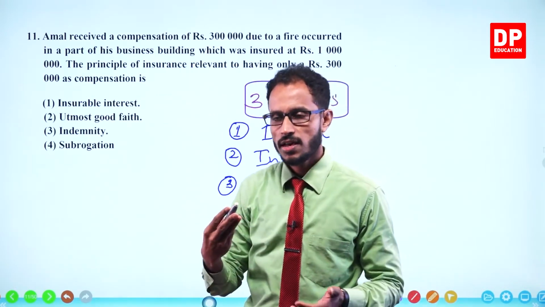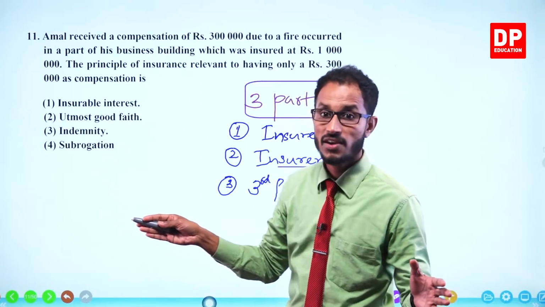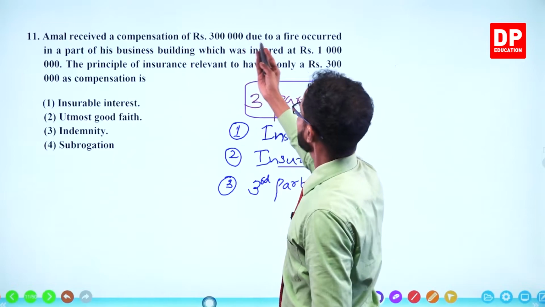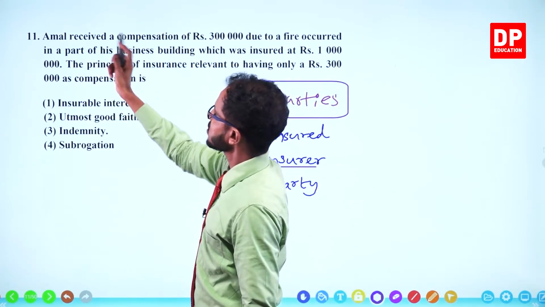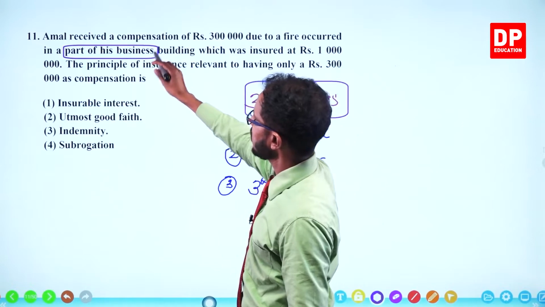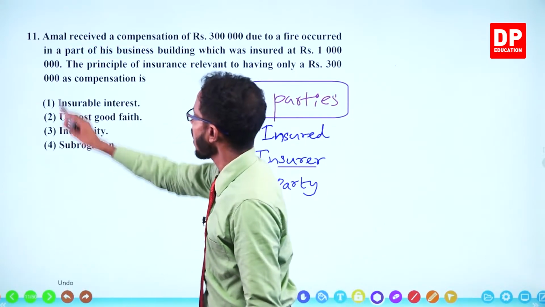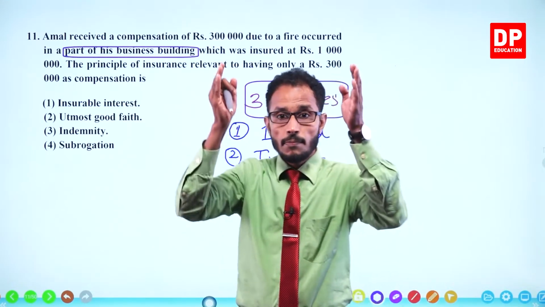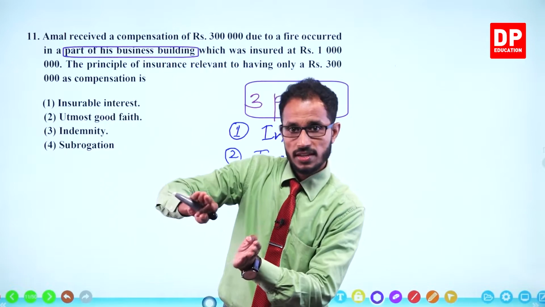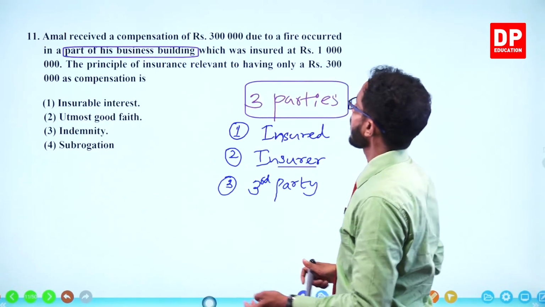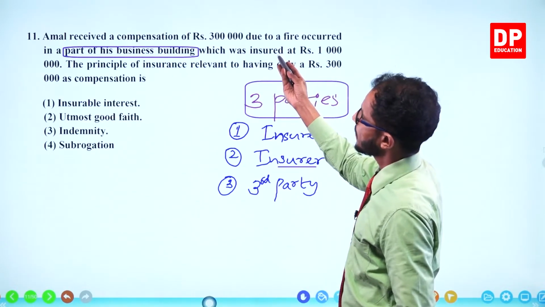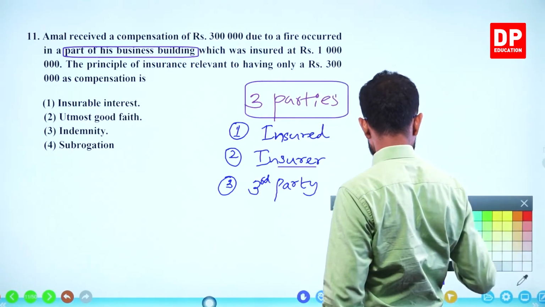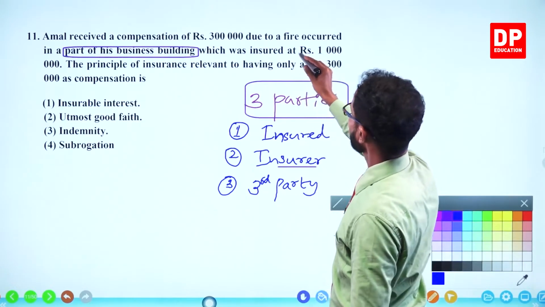There has been a fire, and part of the business building was destroyed by fire, but the compensation received is only 300,000. The fire occurred in only a part of his business building, which was insured at 1 million.